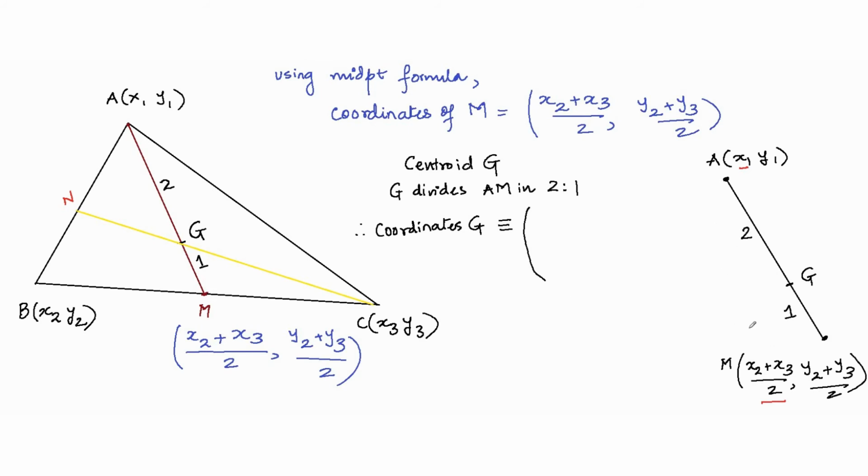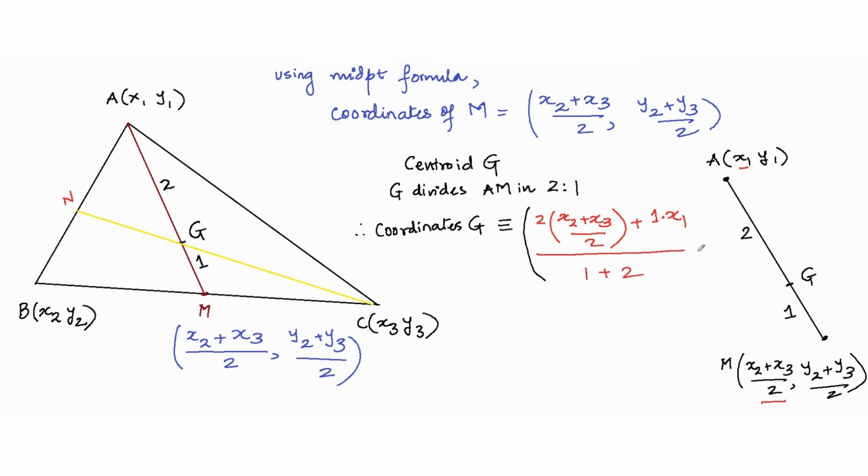So now there is a cross multiplication effect. So this is going to be 2 times, so this 2 gets multiplied with the x coordinate of M, that's (x2 plus x3) by 2, plus 1 gets multiplied with x1, so that's 1 multiplied by x1, divided by 1 plus 2.